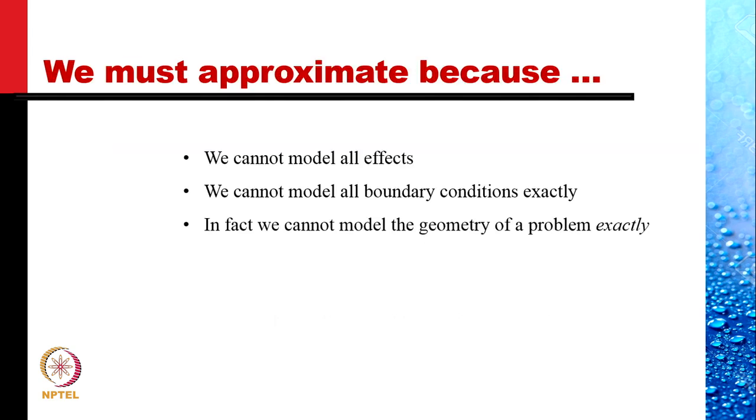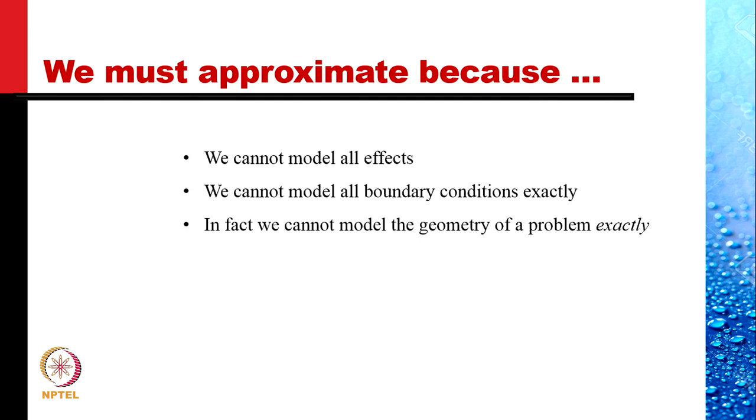We must approximate. We cannot find exact results because we cannot model all effects. The kind of forces that are present in a simple phenomena cannot all be written down in the equations. We also cannot model all boundary conditions exactly.